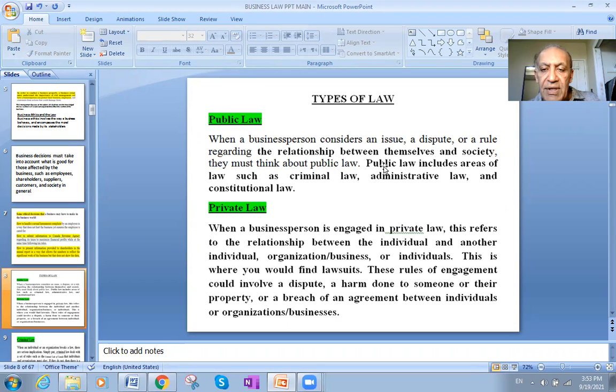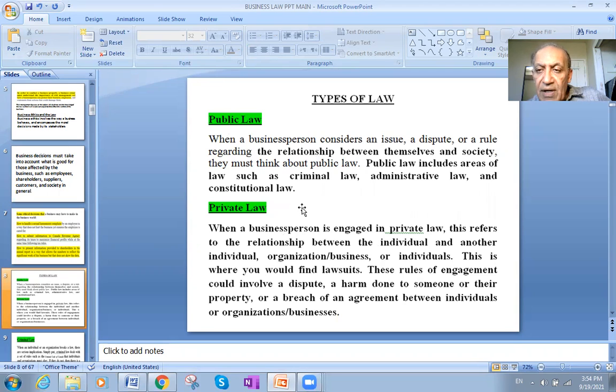Public law includes areas of law such as criminal law, administrative law, and constitutional law. So all this goes under the umbrella of public law. Those are the three areas of public law.